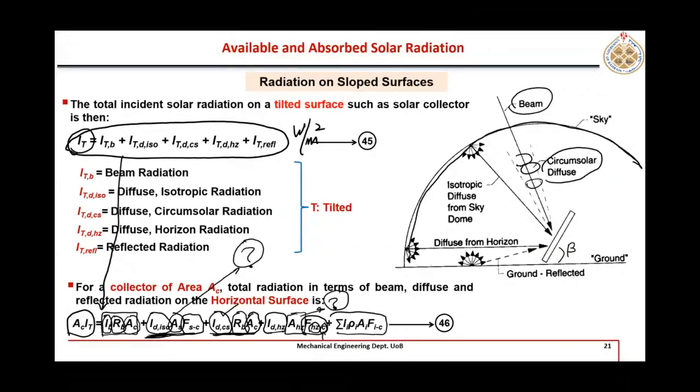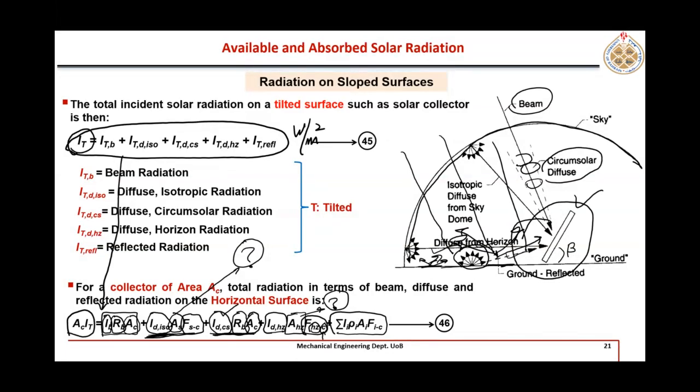Now the last term, this is the reflected radiation from the surrounding surfaces, whatever surrounding surface is there. Okay, a concrete surface or a road or water or whatever surface in the surrounding, it's sand. So there could be so many different types of surfaces. Everyone is receiving that radiation, and everyone, according to its properties, will be reflecting in every direction. Only a part of it is reaching that collector area.